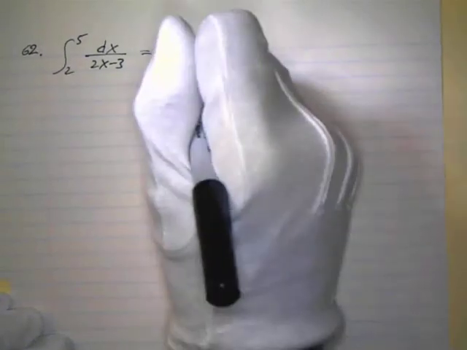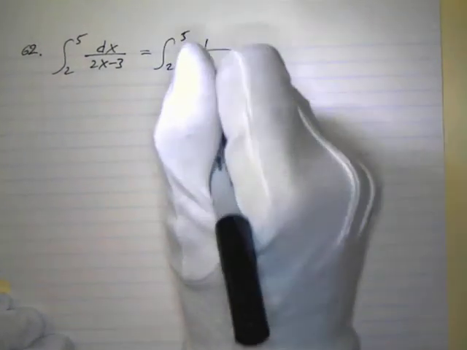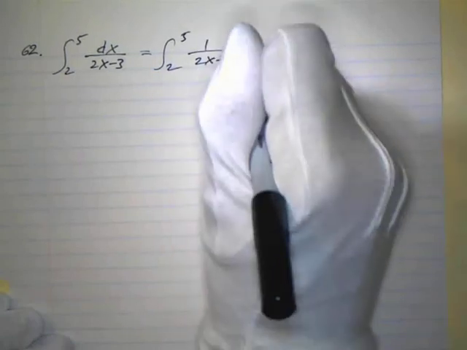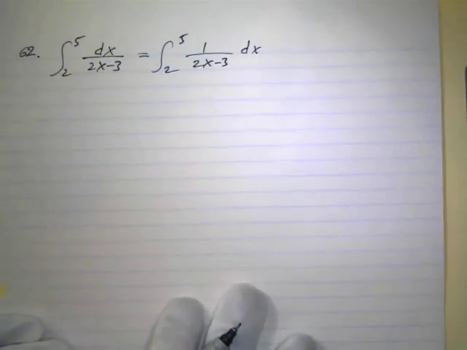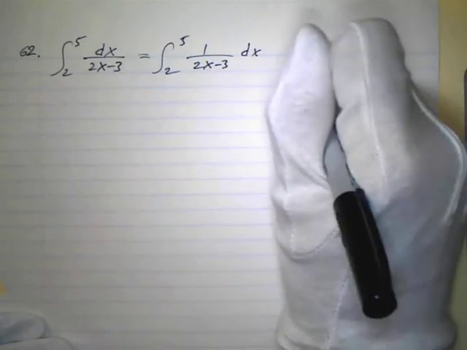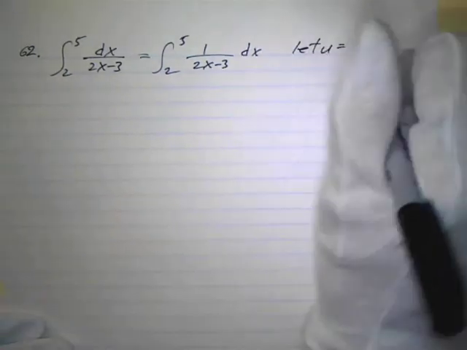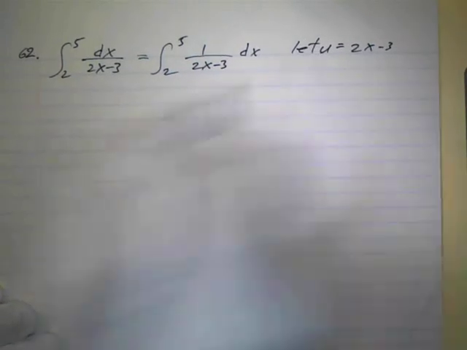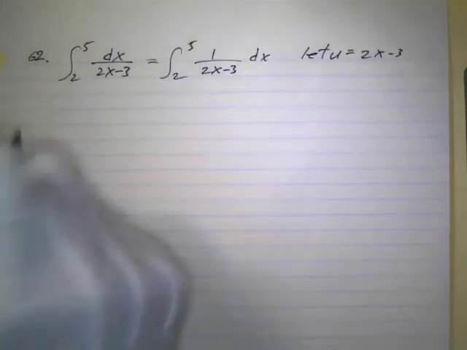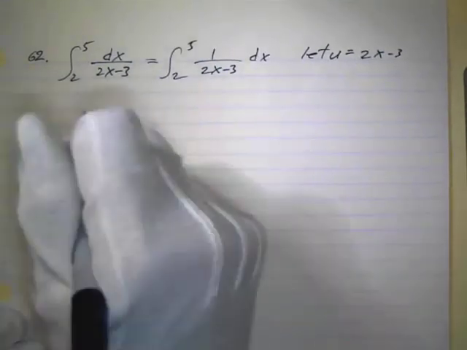So I'll say the integral from 2 to 5 of 1 over 2x minus 3 dx. It looks like I'll let u equal 2x minus 3. Now again, I have to change my limits of integration. So I'm going to integrate here.